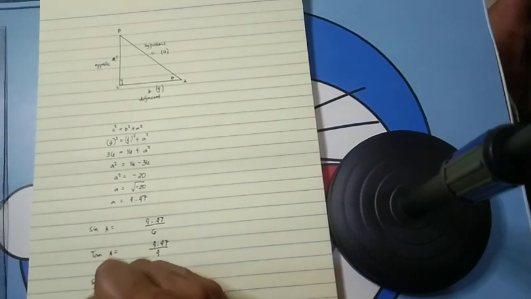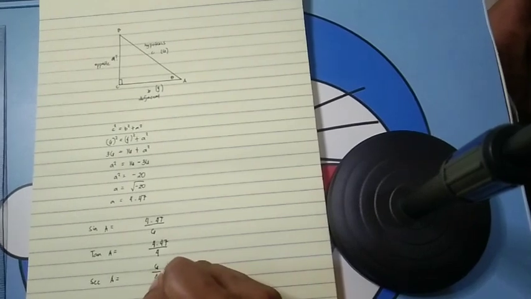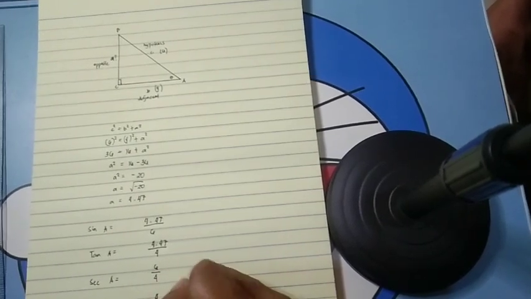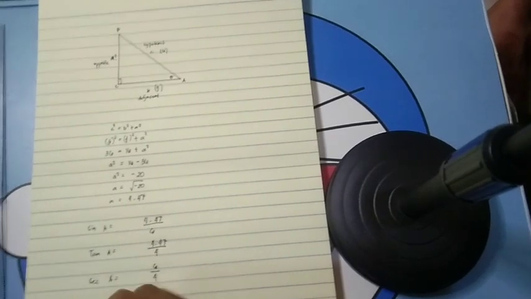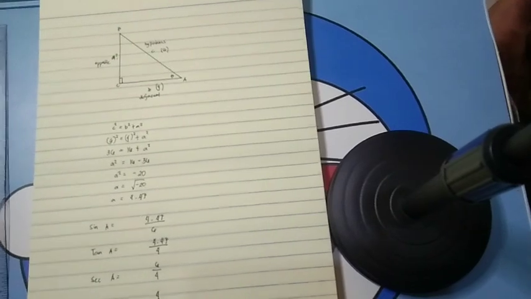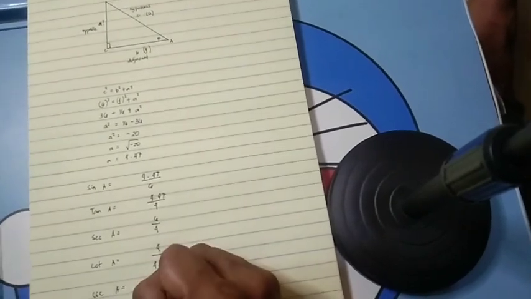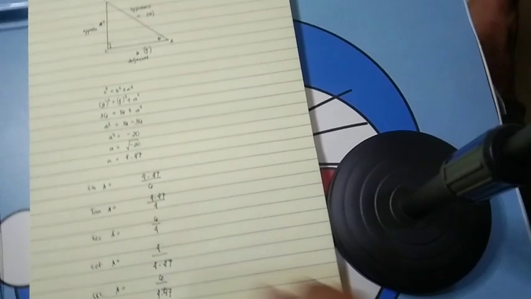Cotangent A is equal to 4 over 4.47. Cosecant A is equal to 6 over 4.47.